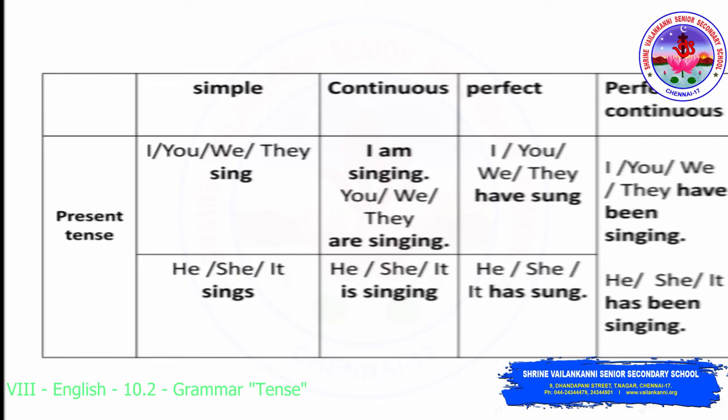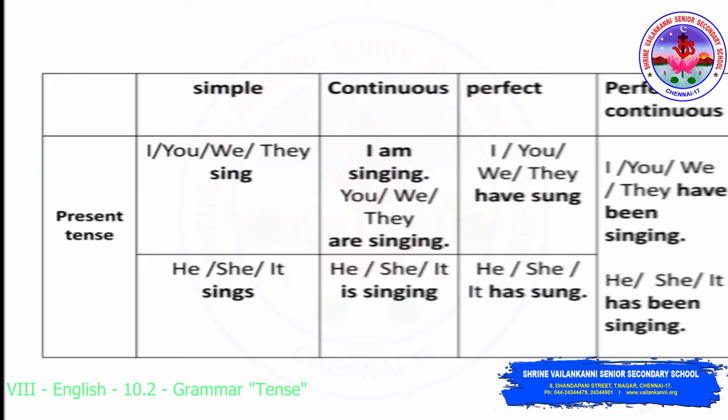I have sung this. You have sung this. We have sung this. Next, if the subject is he, she, it, then we use has. We don't use have, instead we use has. He has sung it. She has sung it. It has sung it.